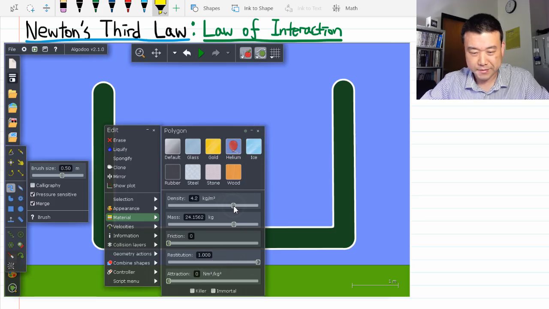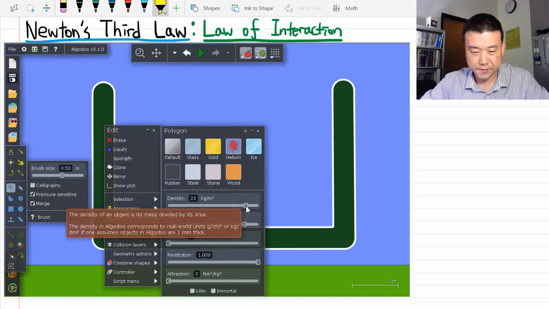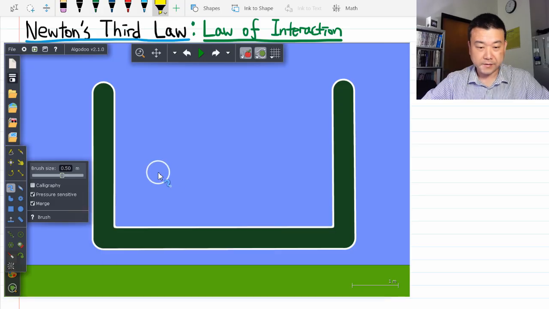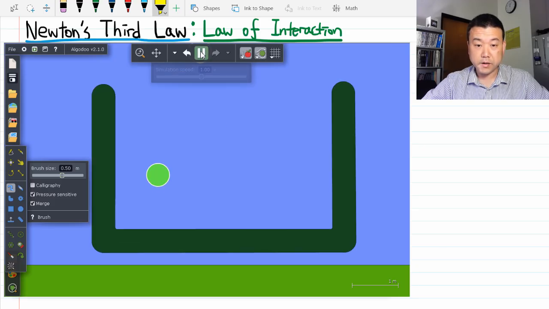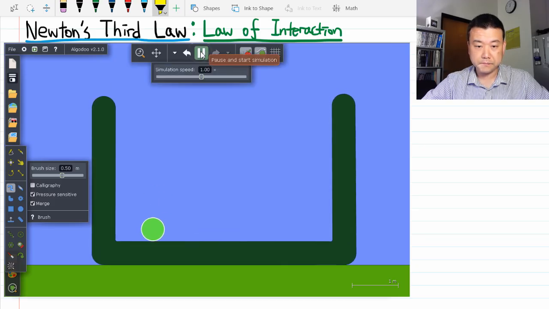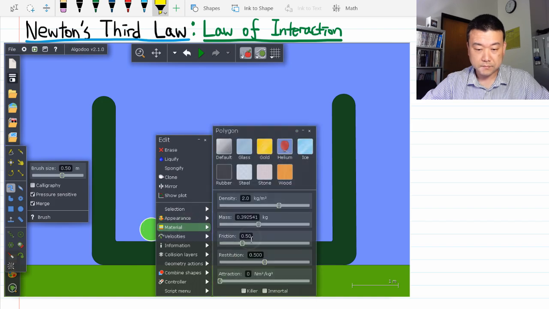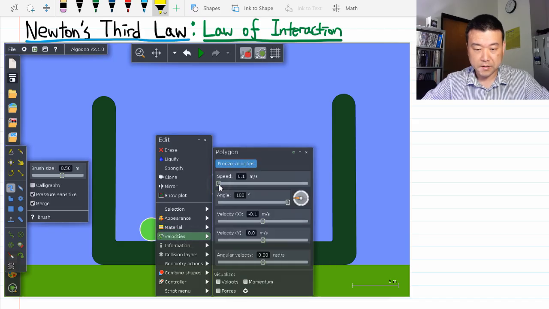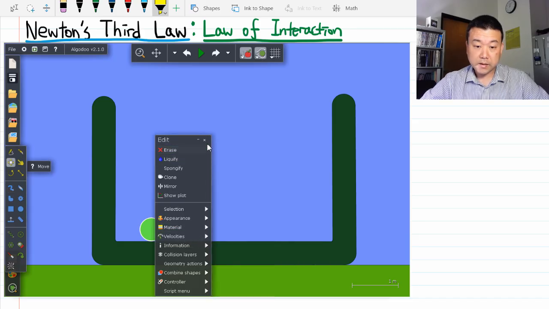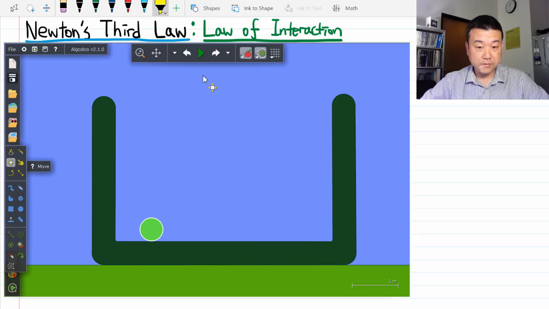I have my own reasons. So let me make it much heavier. And I need a little dot living inside the big box. Let the simulation run for a little bit. And give the dot the same properties as the big box, elastic and frictionless. And let me give it a little speed to the right. And let's let the simulation run and see what happens.